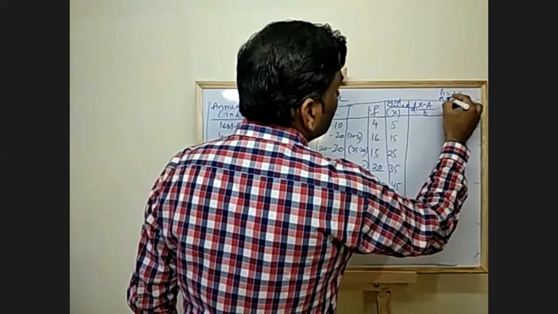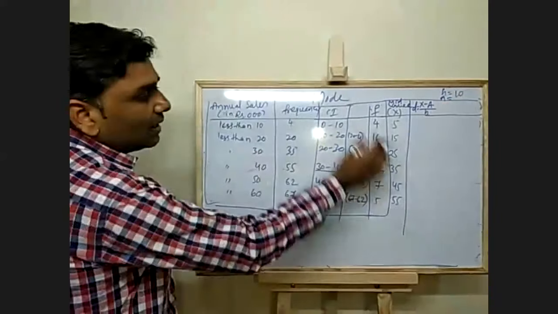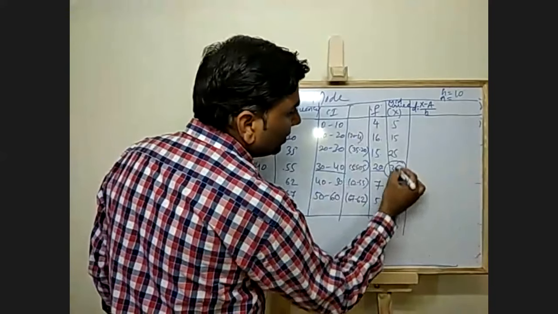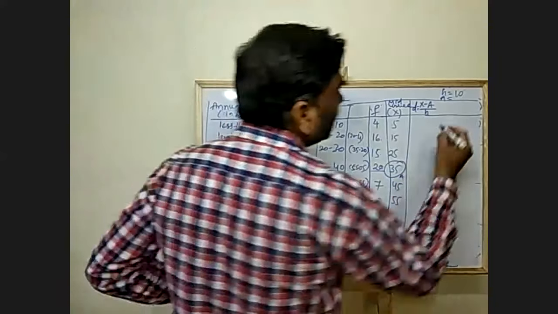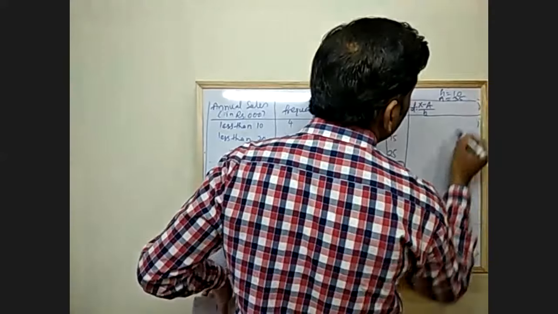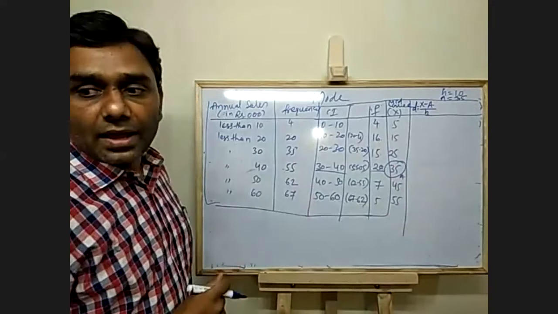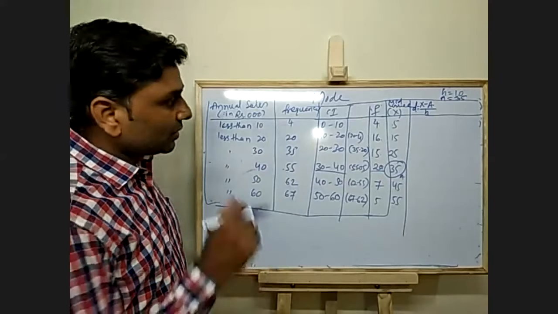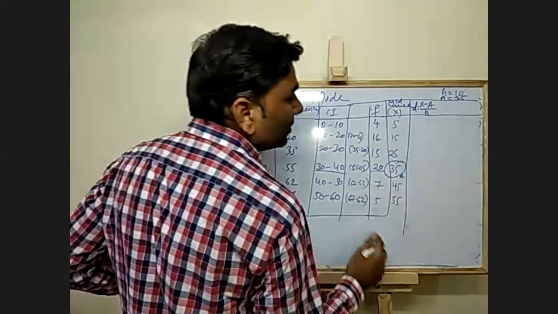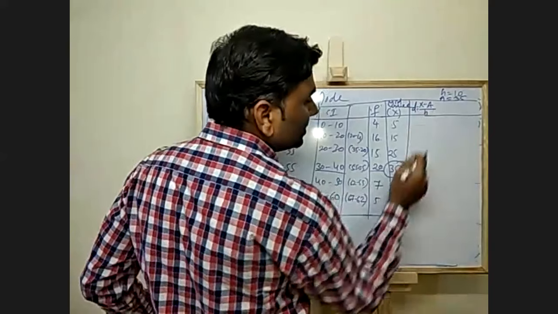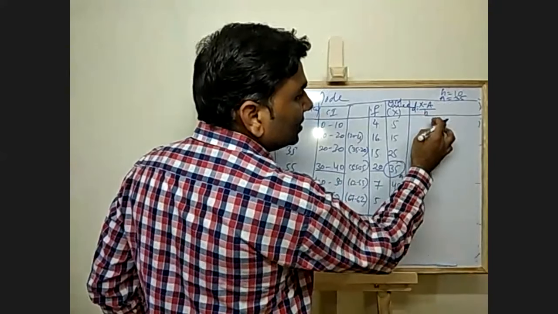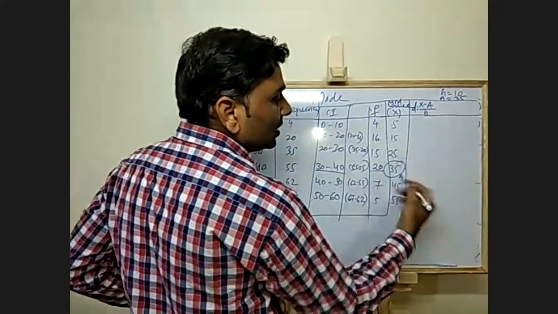And a is the assumed mean. Here I will assume 35 as a. A is equal to 35. I will take h as 10, a as 35. So directly x is 35, a is 35, divided by 10. It is 0.